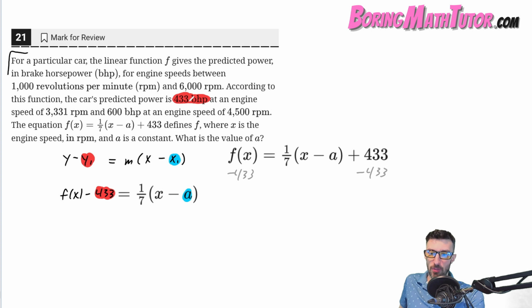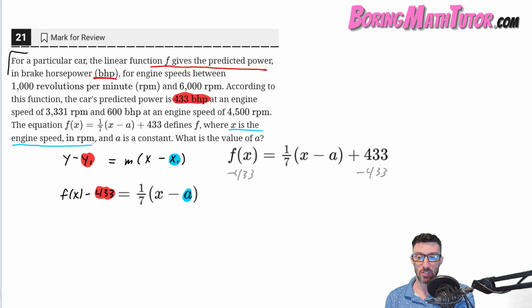It says 433 BHP. And in fact, if you look at the beginning of the problem, it says F is measured in bhp. And it also says that there's another type of unit. And down here it says X is the engine speed in RPM.